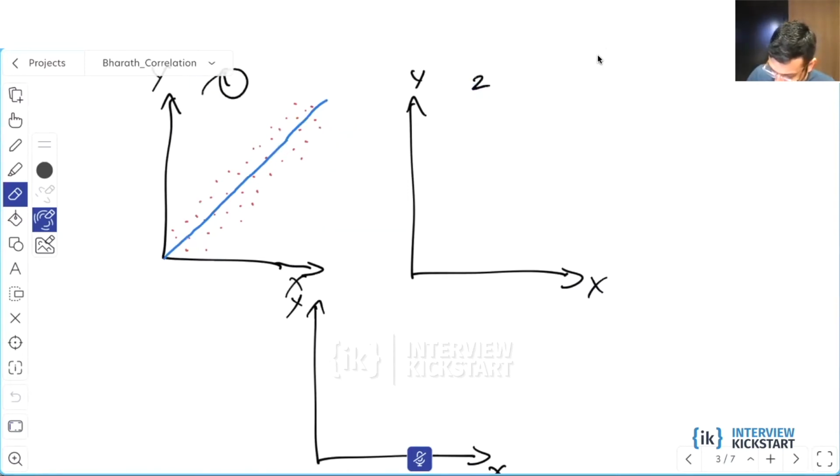Now we have example 2, which looks a little bit like this. We have a similar linear relationship between the two variables, and let's say it's something like this. We still have it so that an increase in x also portends an increase in y. Let's patch that up a bit.